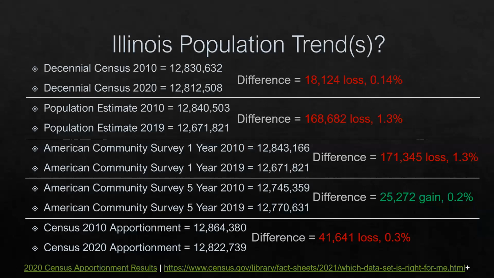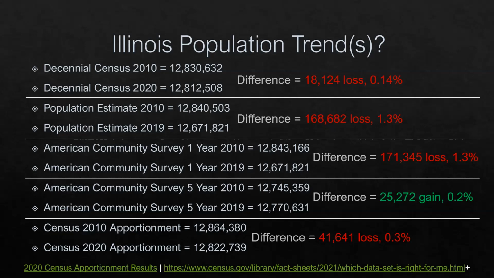The very top one is showing the decennial census from 2020. If we compare that to what we had in 2010, we only lost 18,000 people, which is nothing when you're considering we have almost 13 million in this state. So it's 0.14%, which is basically noise.